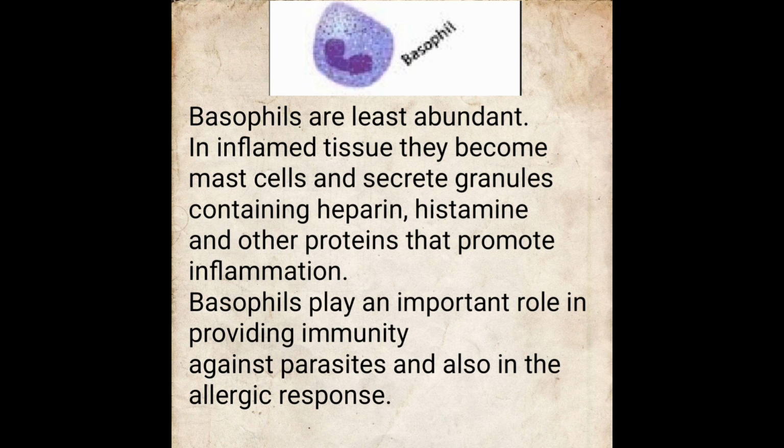They become mast cells and secrete granules containing heparin, histamine, and other proteins that promote inflammation. So when you're talking of inflammation, protection against infection and what have you, you can be looking out for basophil, and even in allergic response.